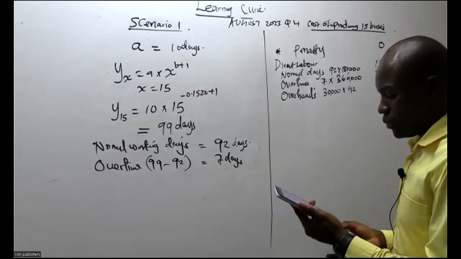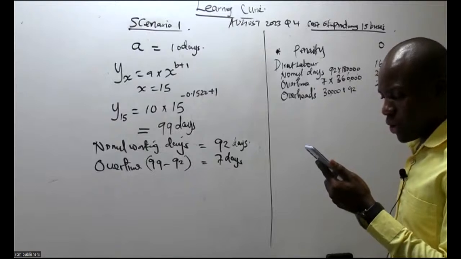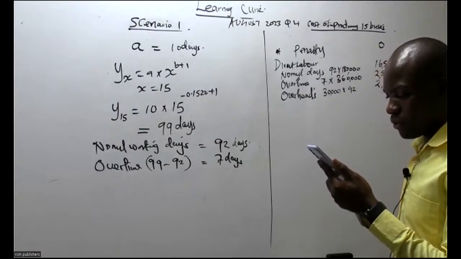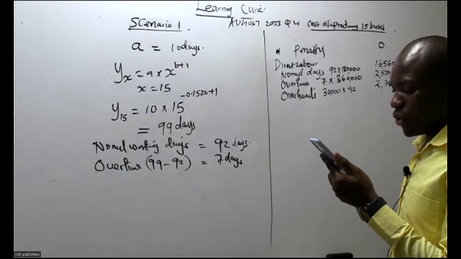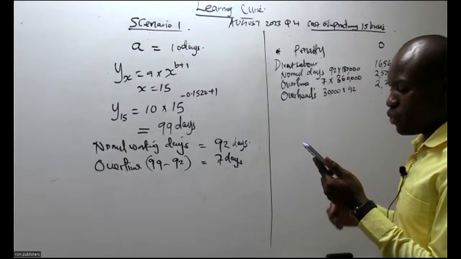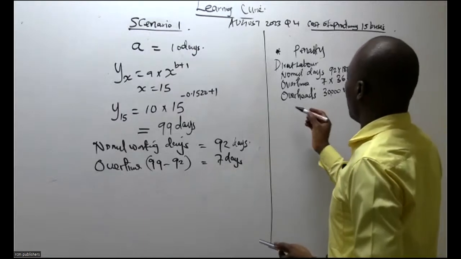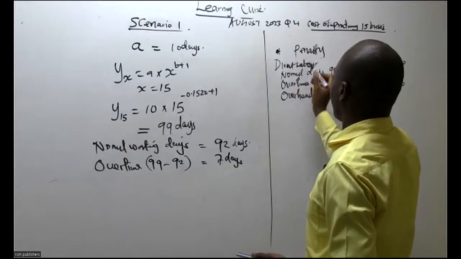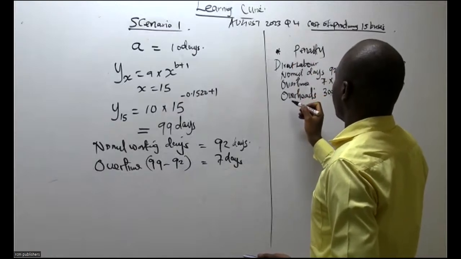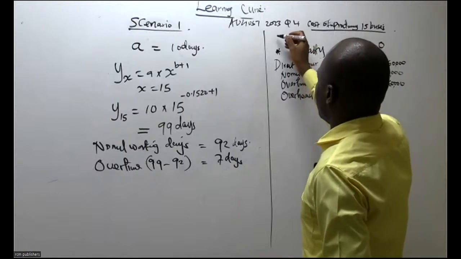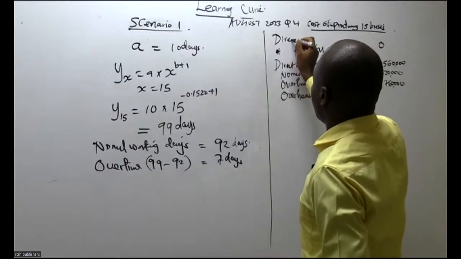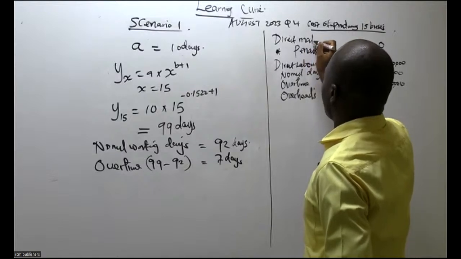Good. Having done that, we are being told in number 6 that the management accountant estimates direct material cost per bus at 2.5 million. So we have now direct material.